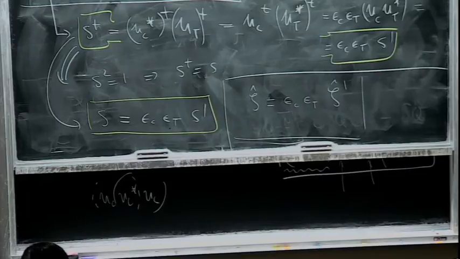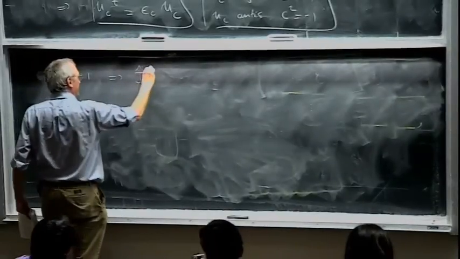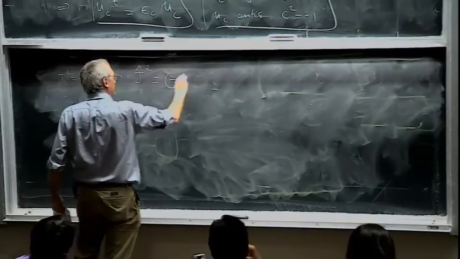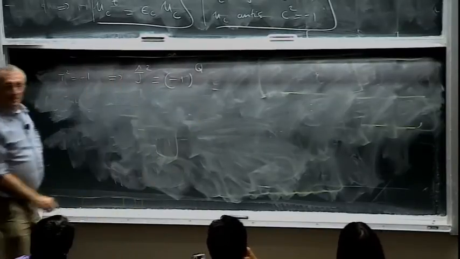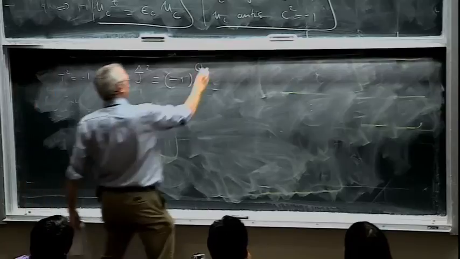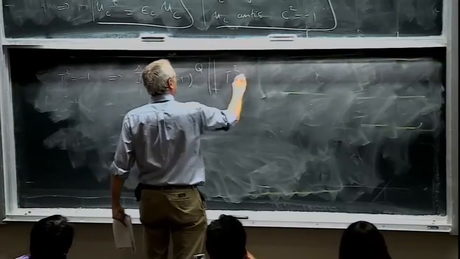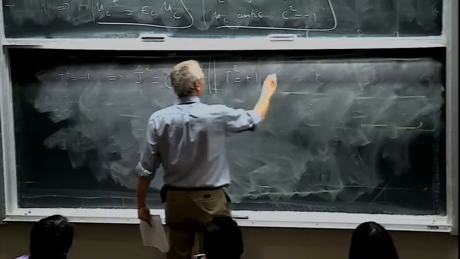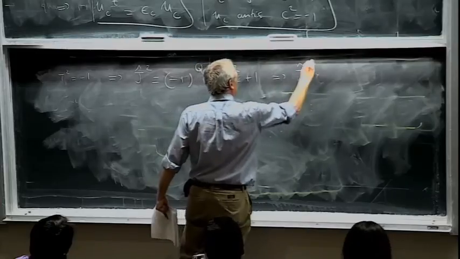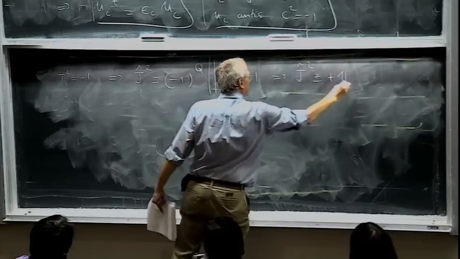So the statement was that T squared is -1 in second quantization, but if T squared is +1, then T squared in second quantization is plus the identity.